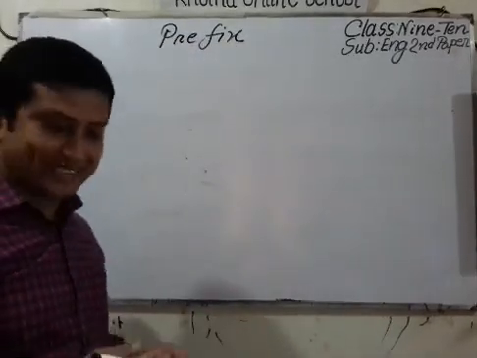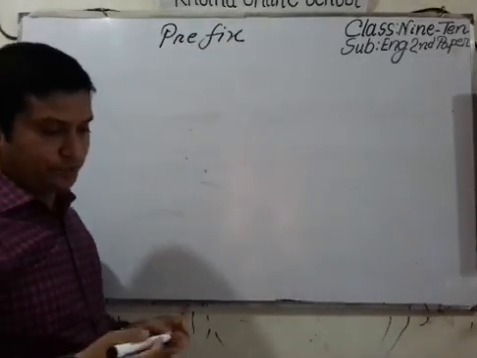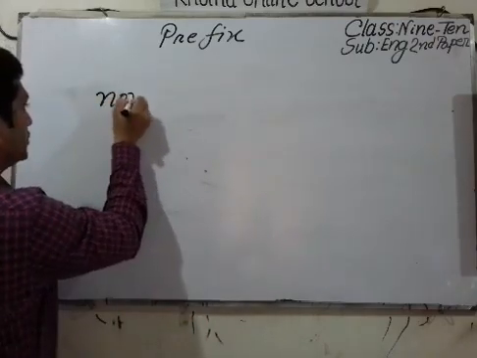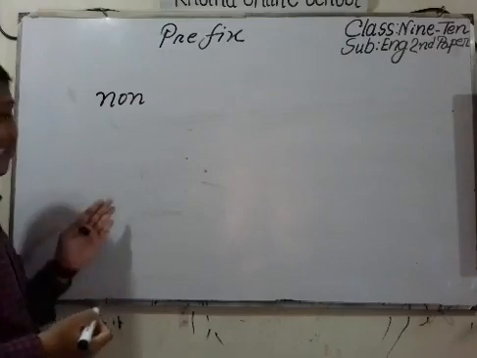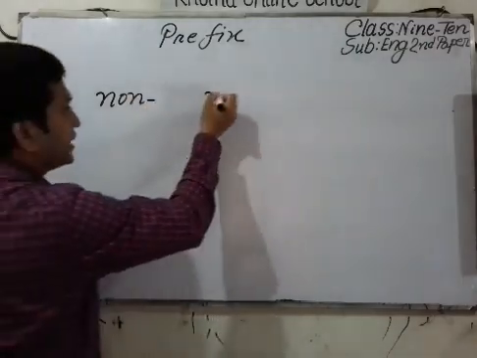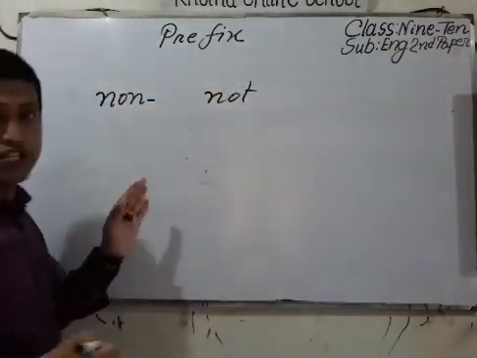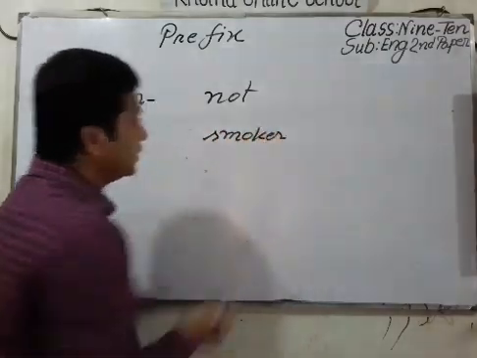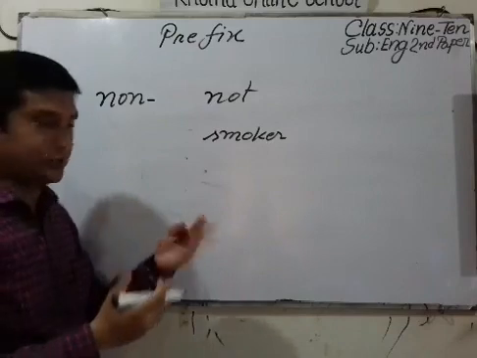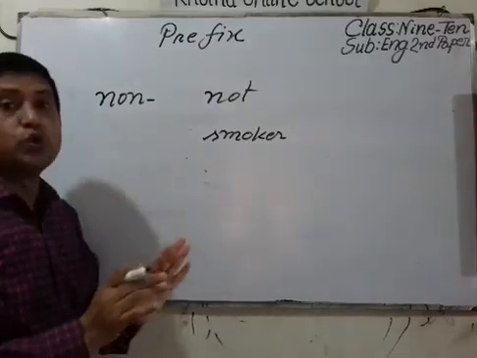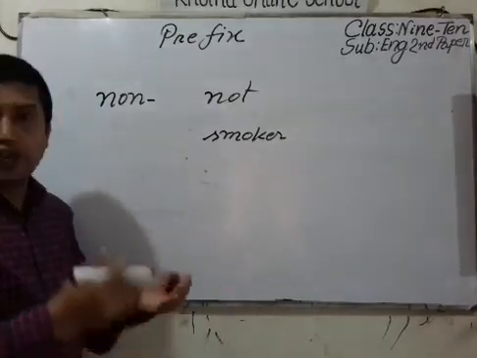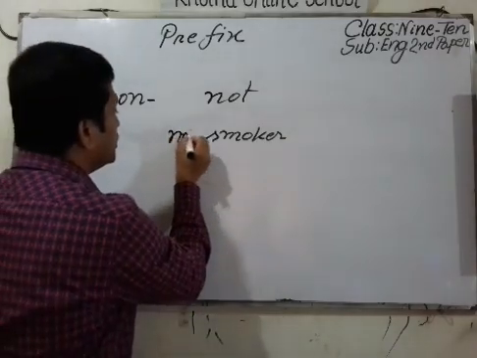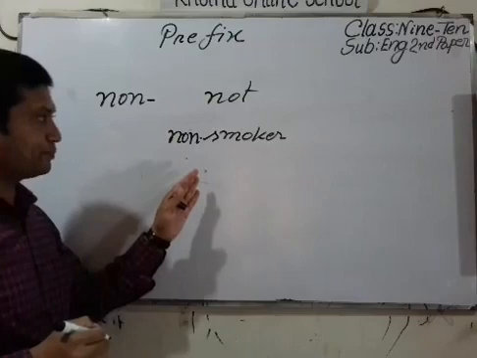What comes next? It is also not unknown to you. Very common: non. Basically, its implied meaning is directly not. Suppose a smoker, you know, the person who smokes. And the person who doesn't smoke, what do you call him? He's a non-smoker.